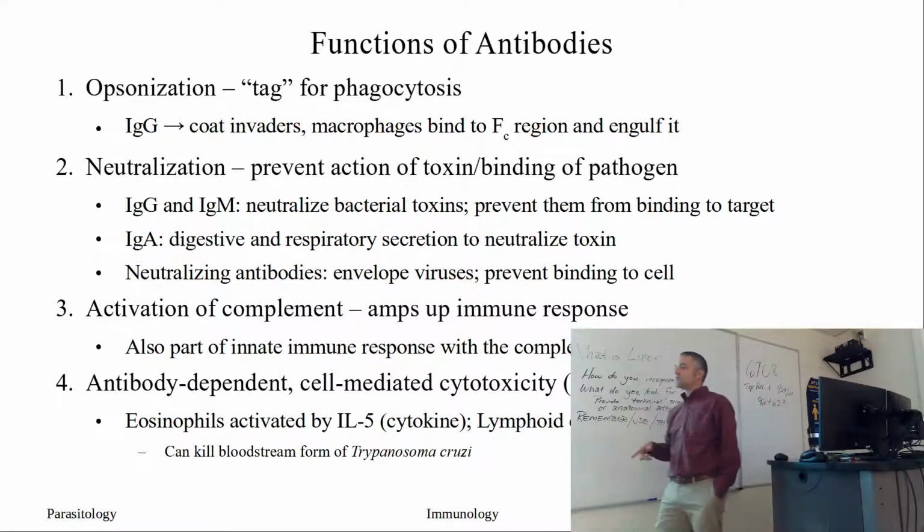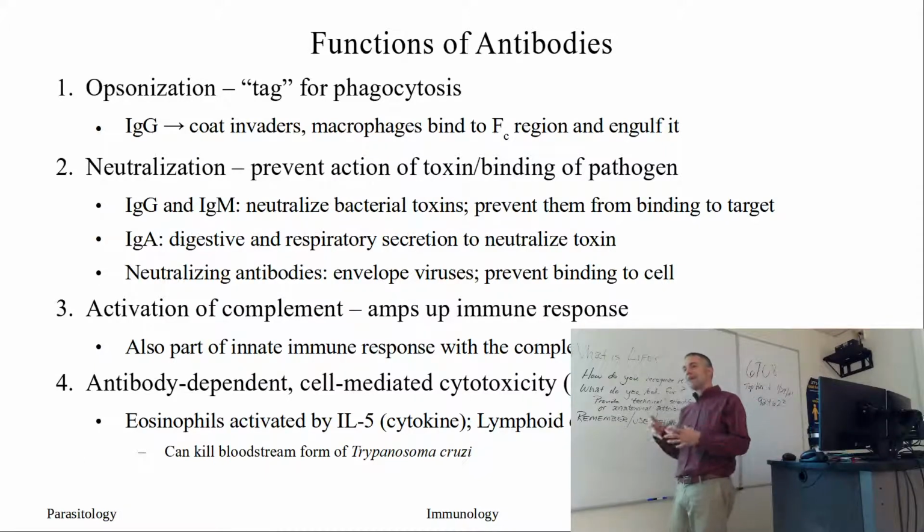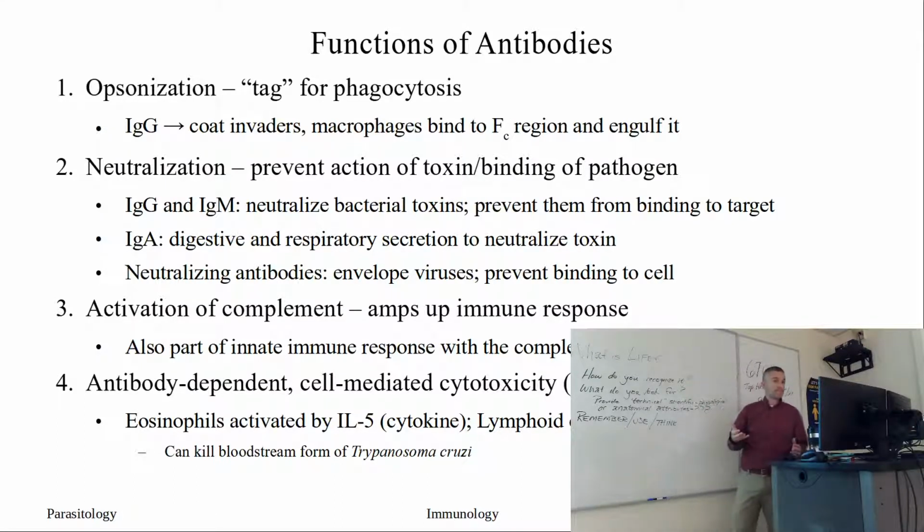Second use is neutralization, and you've probably heard it in terms of COVID. All right, what we're trying to do is the antibodies try to bind and prevent the action of that foreign invader. In a lot of cases, we're talking about a toxin. Right? If you can get a lot of antibodies binding so that the toxin receptor site is blocked, then that toxin can't bind to its target.